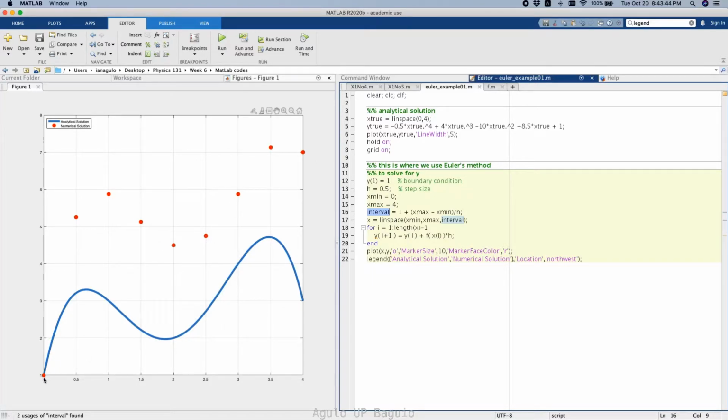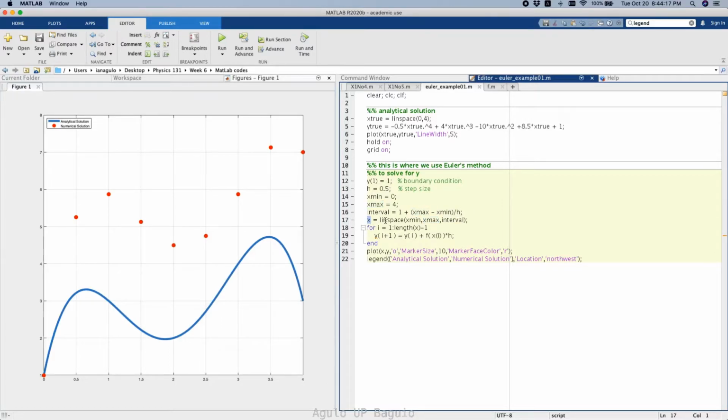So I have 4 minus 0 divided by 0.5, that's 8, and then I add one more for the extra data point, so that's the number of data points that I get for the value of x. I'm using that because I'm going to change the value of h later, just to show you that this becomes more accurate when h becomes smaller and smaller.